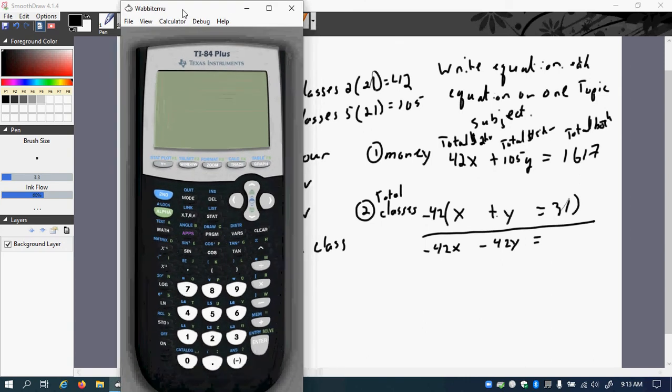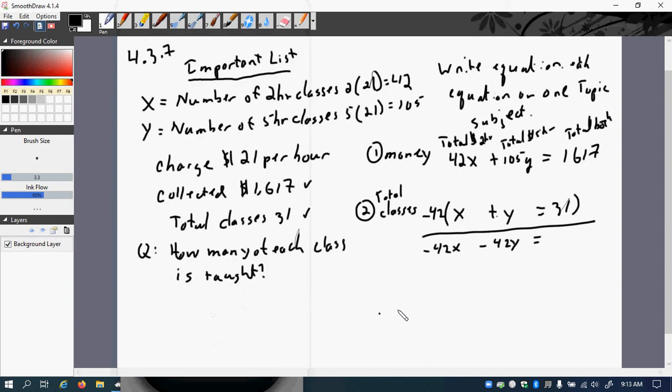We'll take 42 multiplied by 31, which is going to be negative 1302. I'll bring down the other equation, which gives me 42x plus 105y equal to 1617.